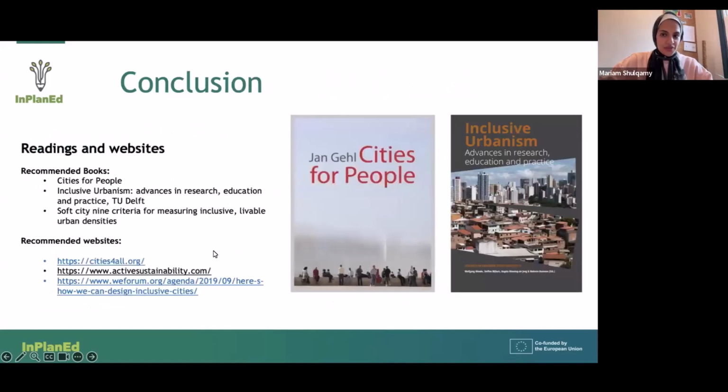And finally, for those who are interested in diving deeper into the concept of inclusive urbanism, we recommend the following readings: Cities for People, Inclusive Urbanism, and The Soft City: 9 Criteria for Measuring Inclusive Livable Cities. Additionally, you can visit websites such as Cities for All for more insights.